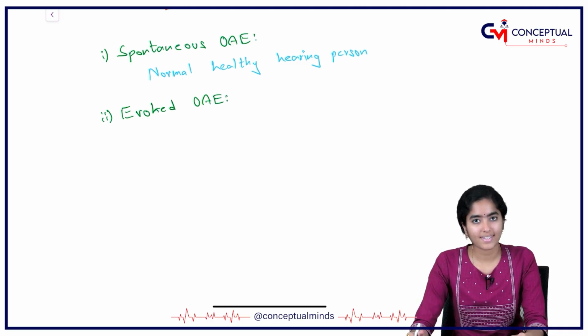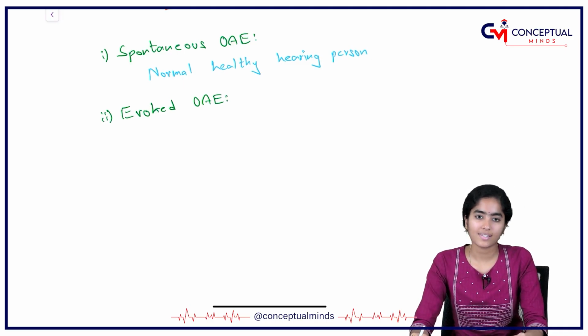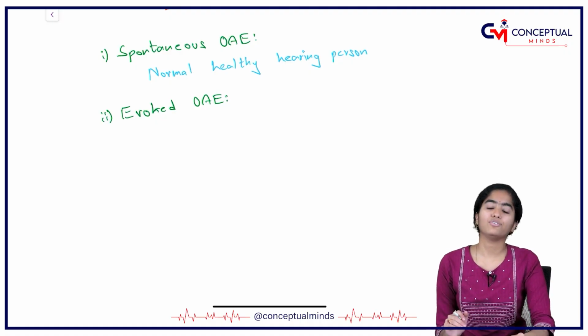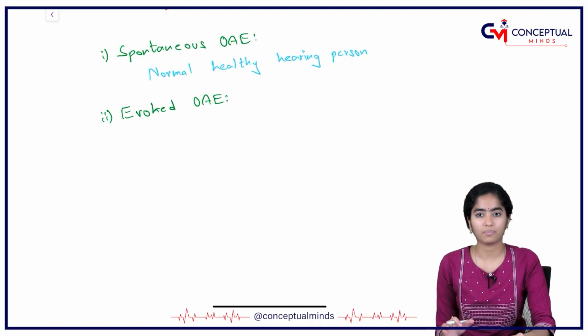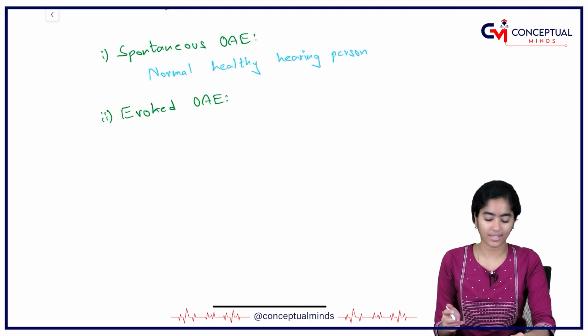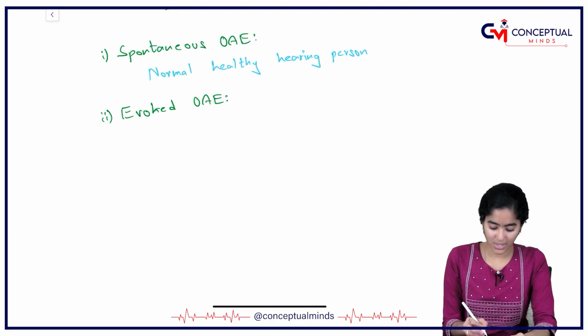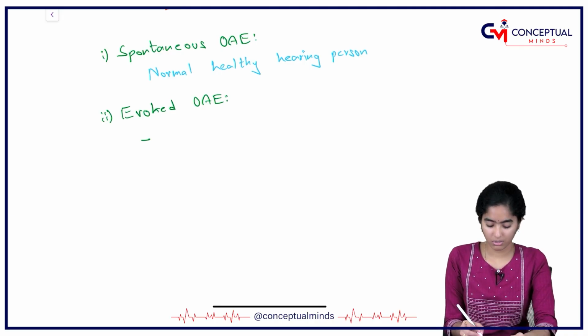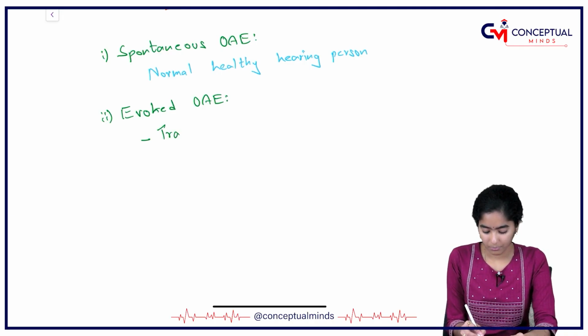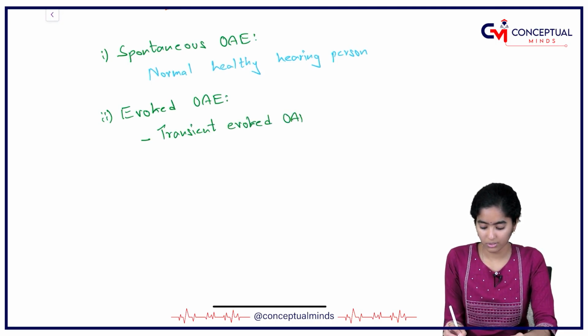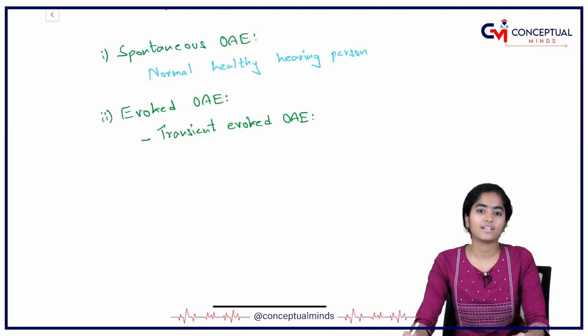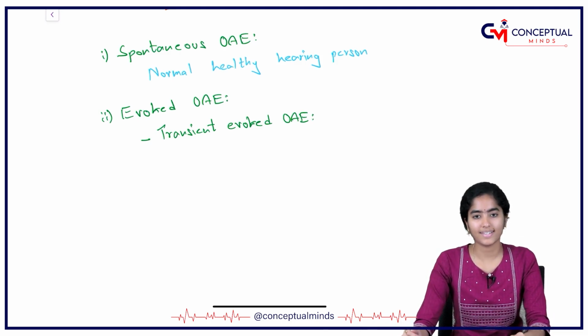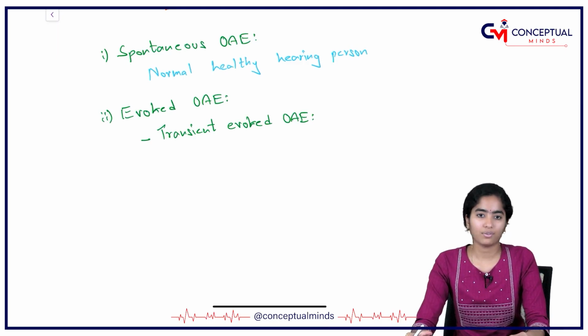Next we have evoked otoacoustic emissions. As the name suggests, we elicit these responses, and these are again further divided into two types based on the sound stimulus that is used. The first one is transient evoked OAEs, transient evoked otoacoustic emission, and next is distortion product. Let us see transient first. These are evoked by clicks.